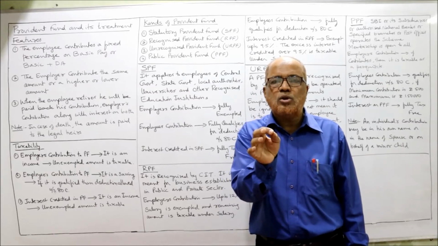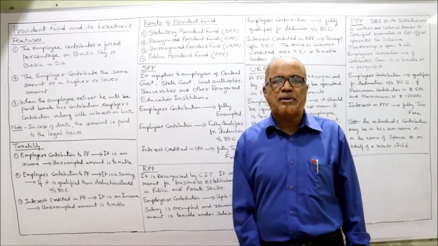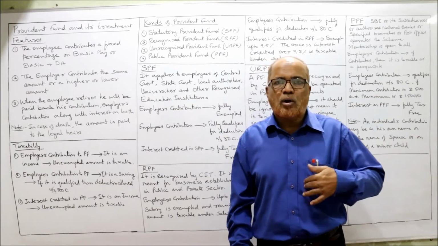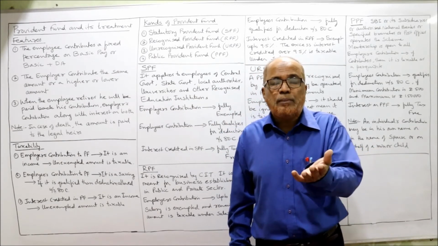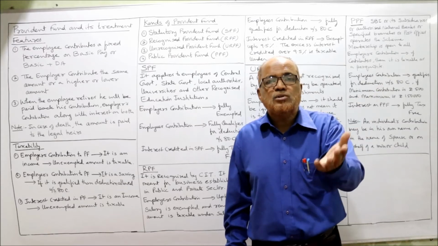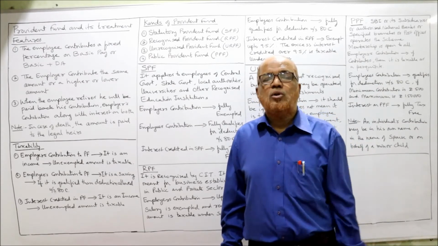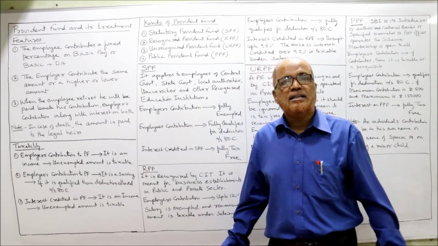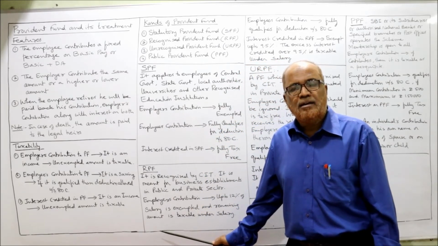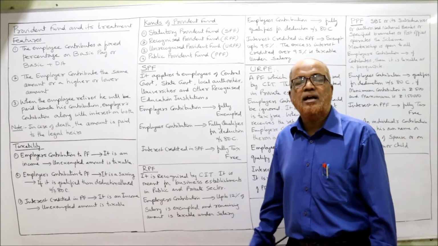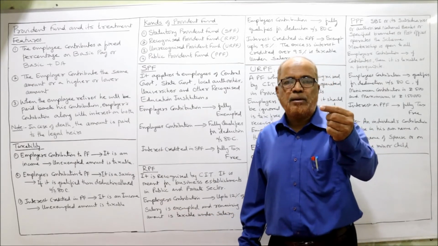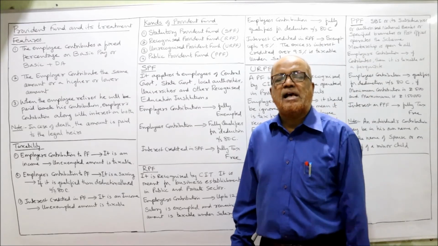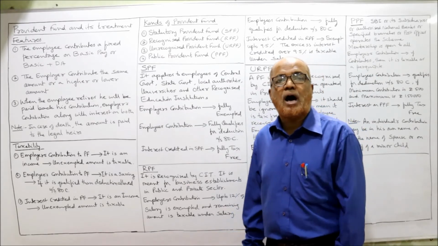Up to 12,000 rupees contribution is exempted; over 12,000 is taxable. Actual contribution 15,000, minus 12,000, so 3,000 rupees of the employer's contribution to RPF is taxable under salary. This is the provision regarding employer's contribution. So simply remember, up to 12% of salary not taxable, over 12% of salary it is taxable in case of RPF.